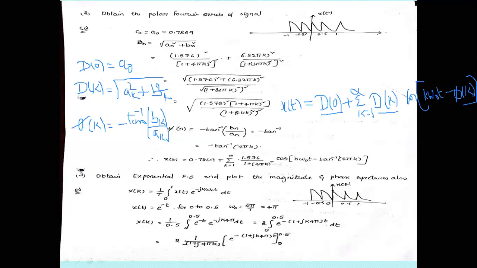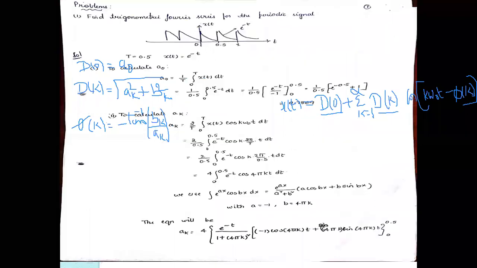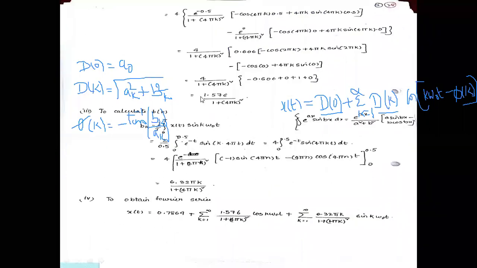In the previous example, you see what the value of a of 0 is. A of 0 we got 0.7869. You see here, my dear students, 0.7869, and a of k is equal to 1.576 divided by this equation, and b of k is 6.32 pi k divided by this equation.